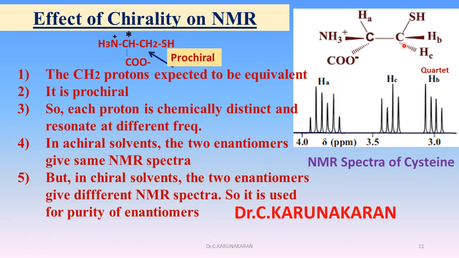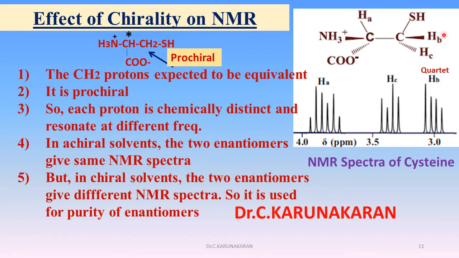The methylene carbon atom is prochiral. If you look at the 3D structure, the methylene protons are not chemically identical. They are chemically distinct and therefore resonate at different chemical shift values, as you see here.